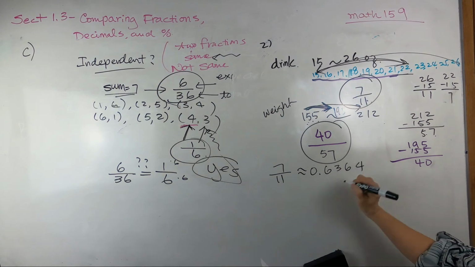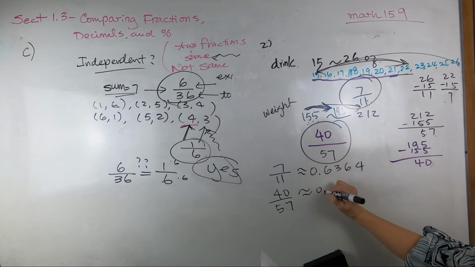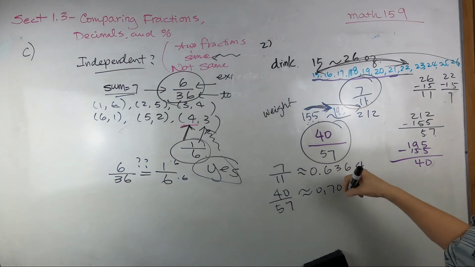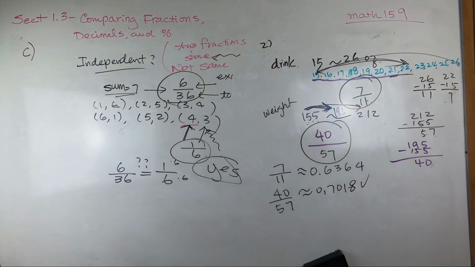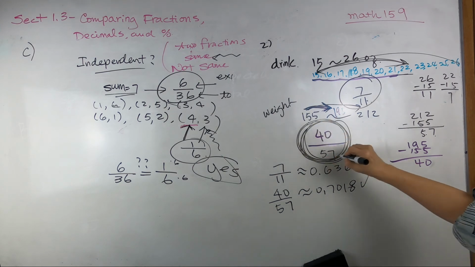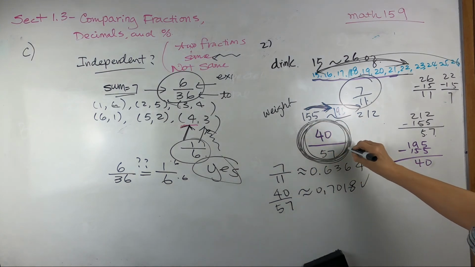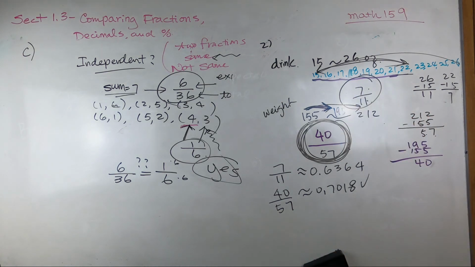Just use your calculator. So 40 out of 57, that would be 0.7018. So which number is bigger? This number is bigger, right? So this one number is bigger. That means what? You have more chance to do this way than 7/11.